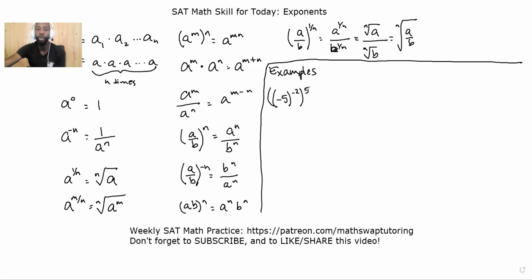Remembering our rule that says something to a power raised to a power is equal to those exponents multiplied times each other for that same base, we know that this would be equal to -5 to the -10th power because -2 times 5 is -10. This is a negative power though, so this is also going to be equal to 1 over -5 to the 10th power.